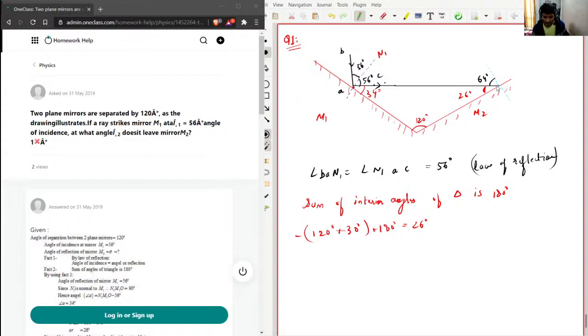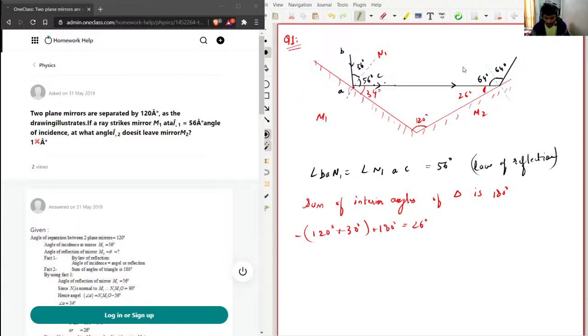And again, by the law of reflection, the angle of incidence will be equal to the angle of reflection. So let's say this is 64 like this. In the question, the first thing we need to calculate is I2.